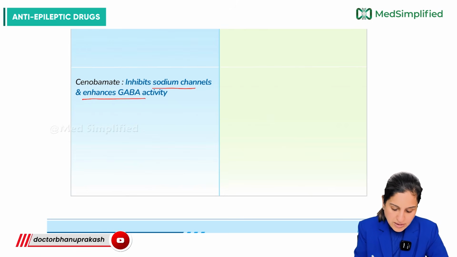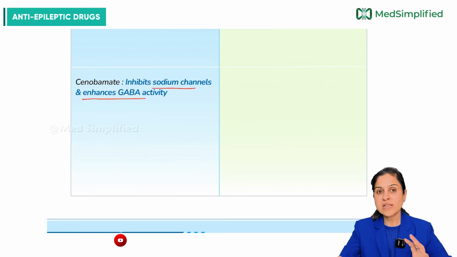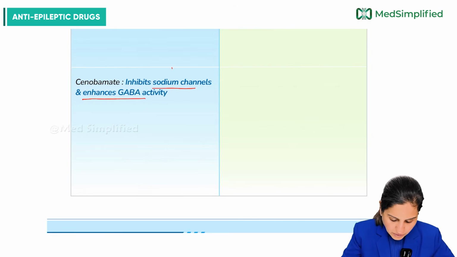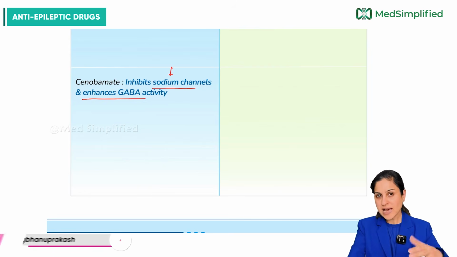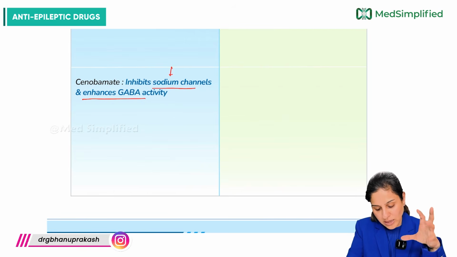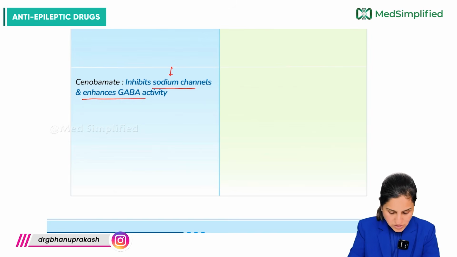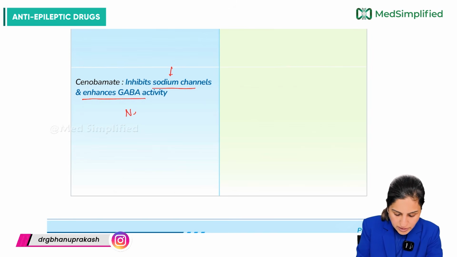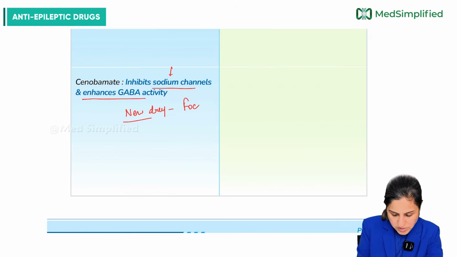Then the new drug cenobamate inhibits the sodium channels and enhances the GABA activity. When neurons are repetitively firing, it will inhibit the sodium channels there, so the action potential will go down and they will stop firing, and it will also enhance the GABA activity. So this is a newer drug for focal seizures.